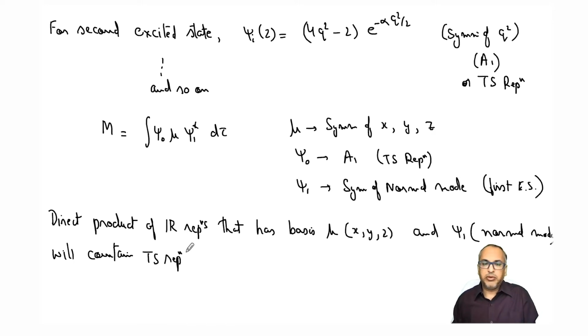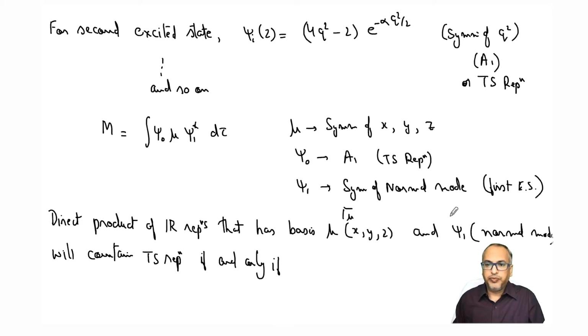Now this is again coming from the direct product application, if and only if, let us call this tau mu, let us call this tau psi 1, tau mu is equal to tau psi 1, right?